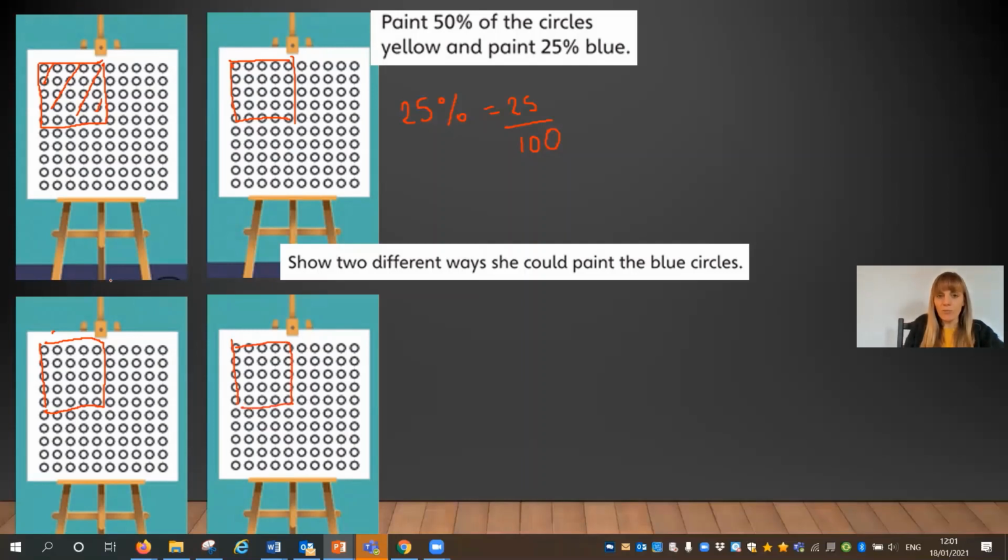Now 25% is 25 over 100. We learned this in a fraction, didn't we? That 25 over 100 is the same as 1/4. So we're actually now working out what is 1/4 of 400. 1/4 of 400 is the same as saying what is 400 divided by 4, which we know will be 100, won't it?